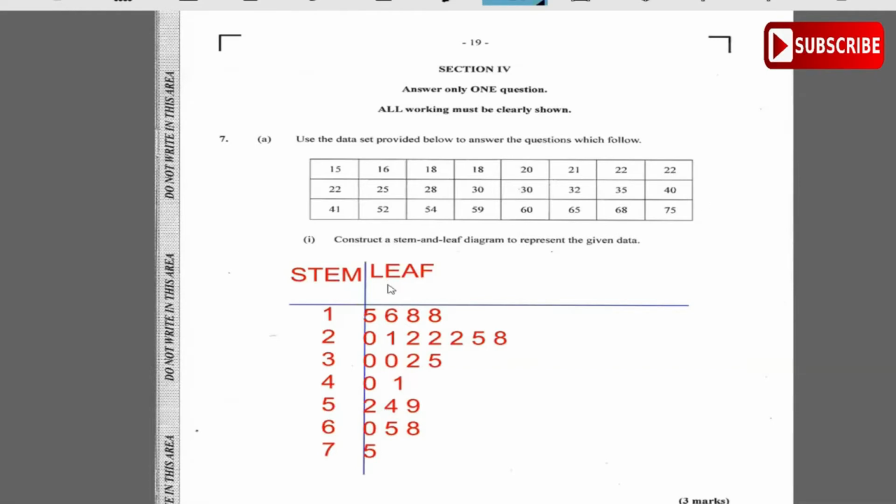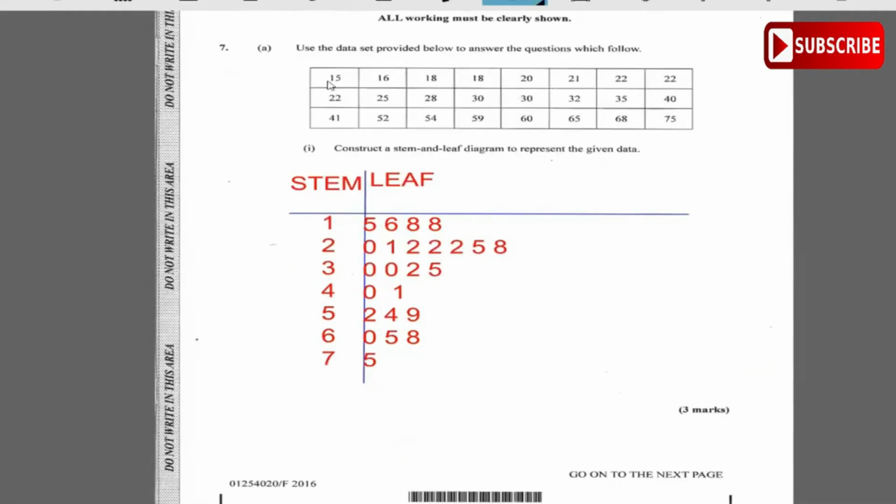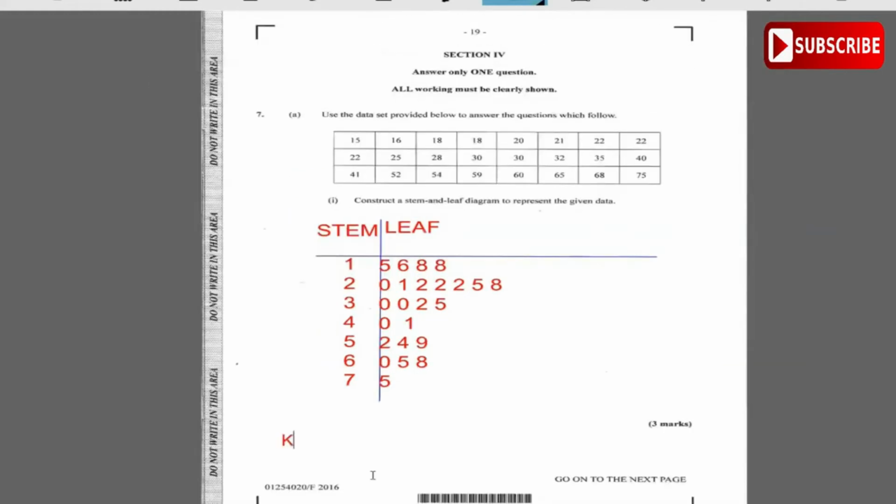Then you can just give them a key. Always give them a key. Our key is: this represents 10. I don't even know what the data set is, so I just have to call it 10. 1 | 0 represents 10.